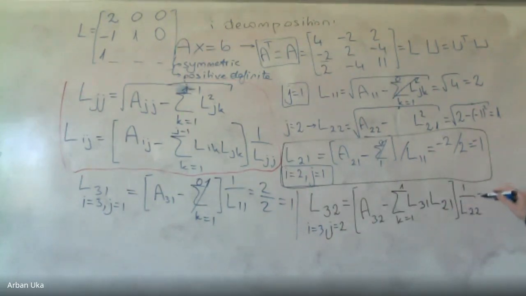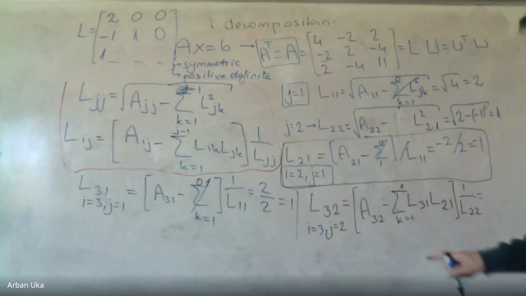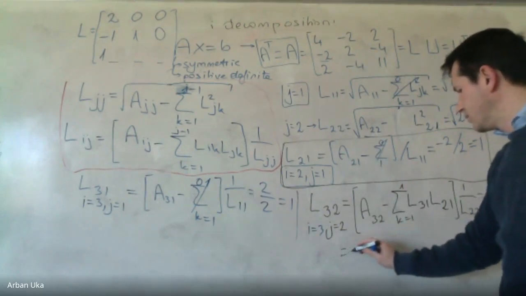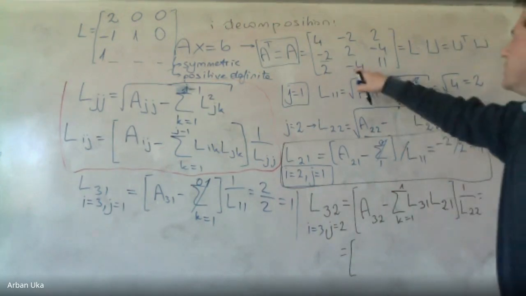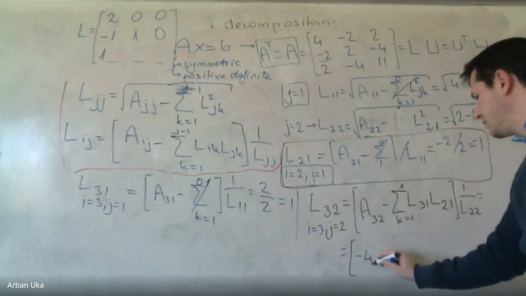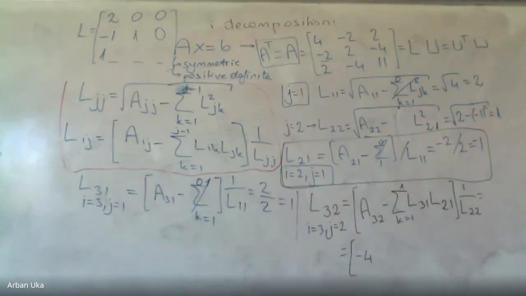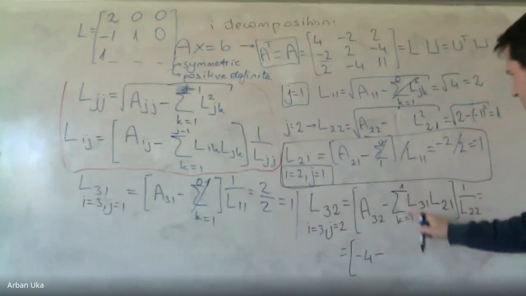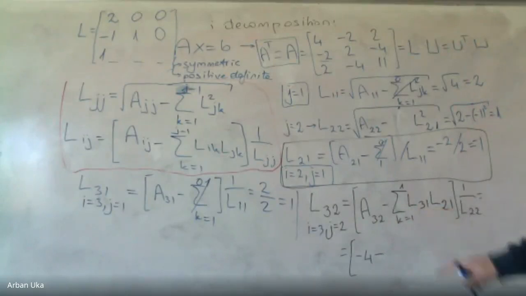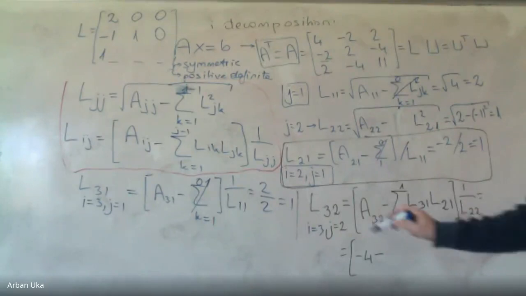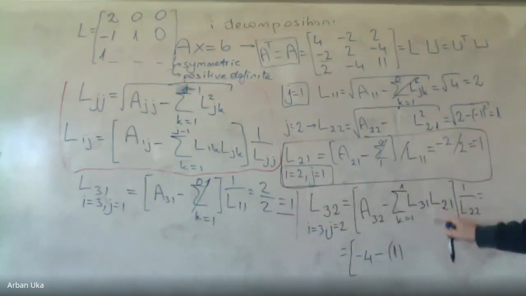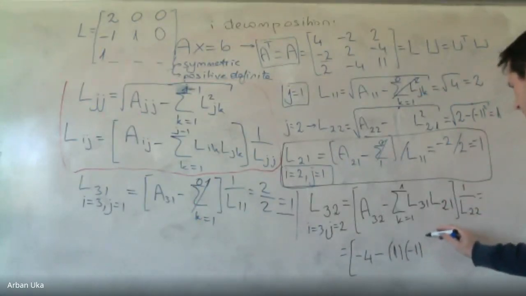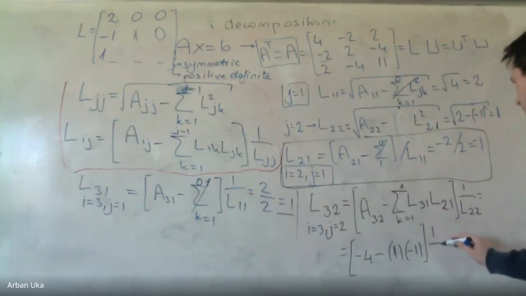Now, this whole thing is equal to A32, which is minus 4, minus L31, which we found here, is 1, times L21, which is minus 1, times 1 over L22.